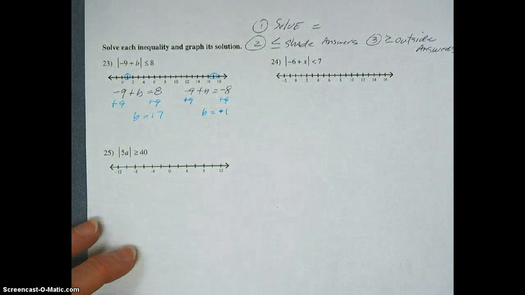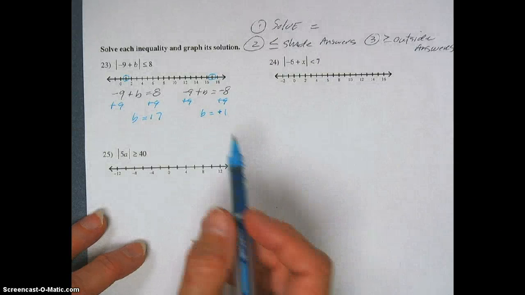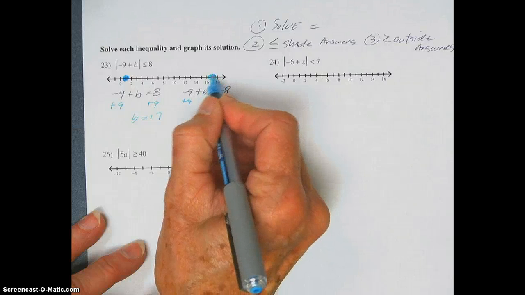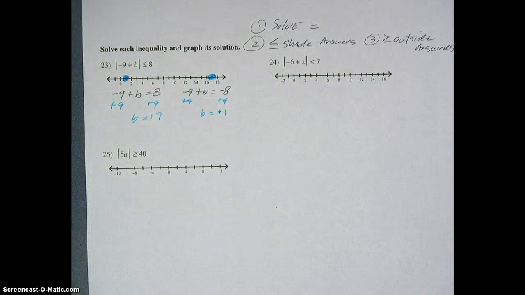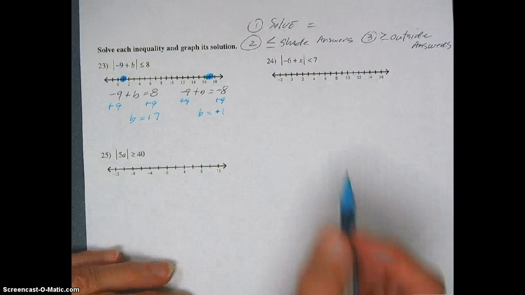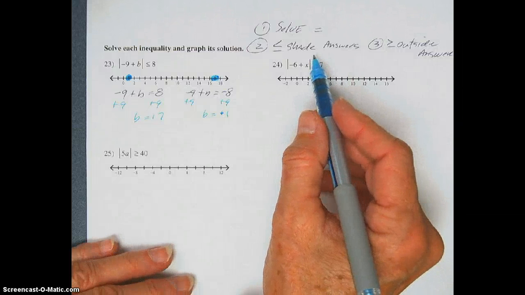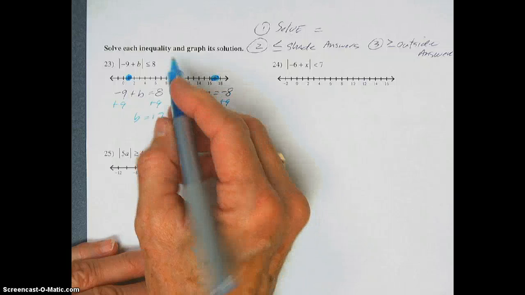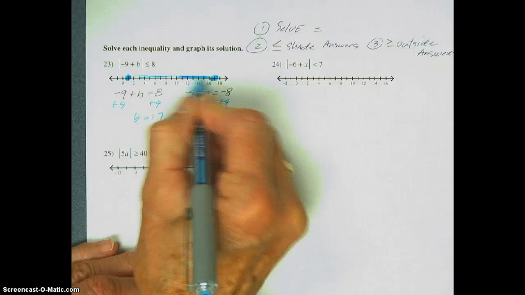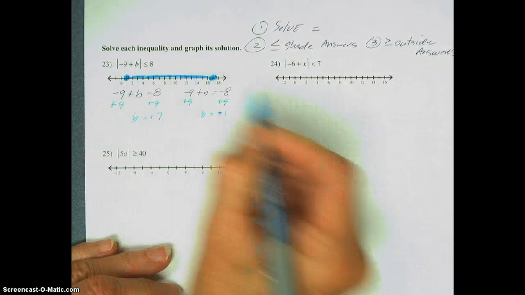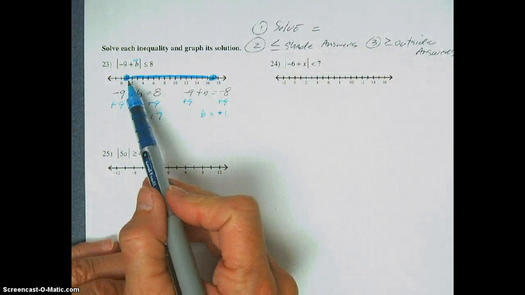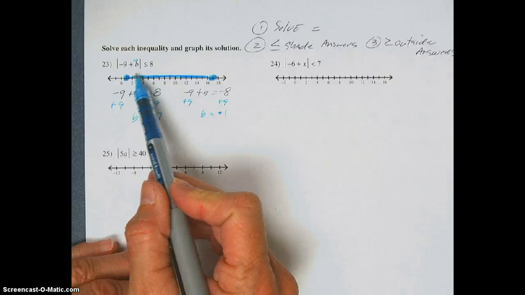So we plot our 2 answers, and then if the equality is there, we'll put those solid dots, which means they'll include 1 and 17, and then basically just use the rule that if it's a less than sign, we'll shade in. We can always plug a point in here to see if that would be true. So I'm thinking it should be shaded inside. Let's double check. Let's put a number like 10 in here. So -9 plus 10 is 1, and 1 is less than 8.